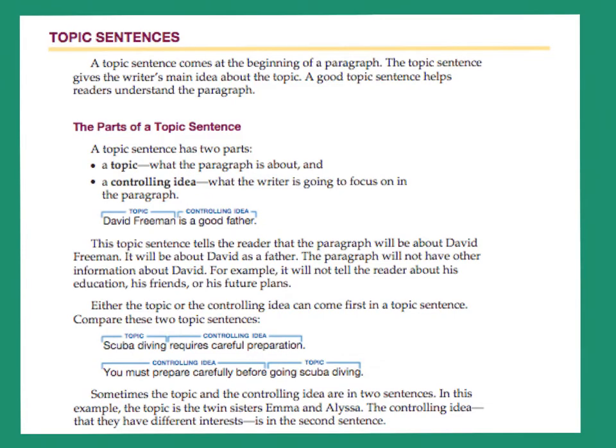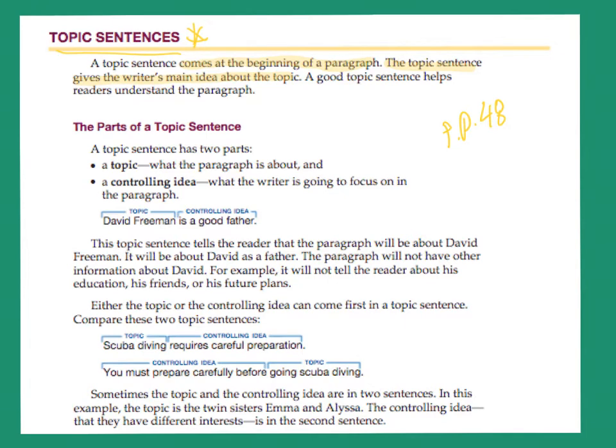Let's look at your book on page 48, where they talk more about topic sentences. Here it says, a topic sentence comes at the beginning of the paragraph, just like we mentioned before. And the topic sentence gives the writer's main idea about the topic. It also tells us a good topic sentence helps readers understand the paragraph.